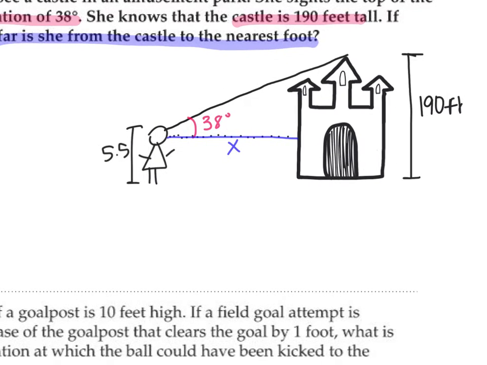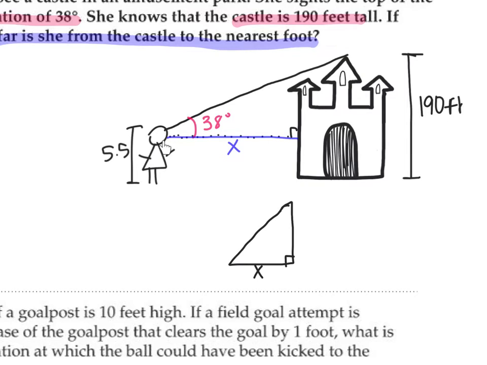Let's recreate this as just a triangle so it looks familiar to what we've seen before. We have this right angle created by the castle. We are looking for the distance from Leah to the castle, but notice here, Leah's 5.5 feet tall, and the castle is 190 feet tall.